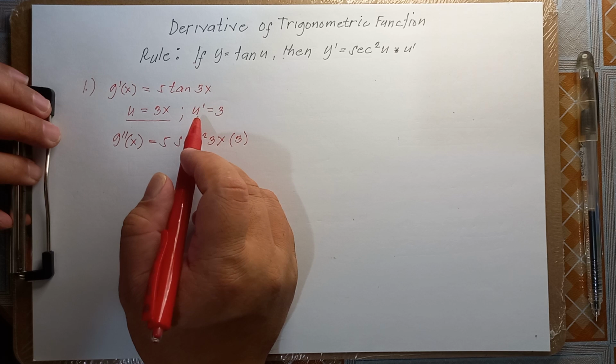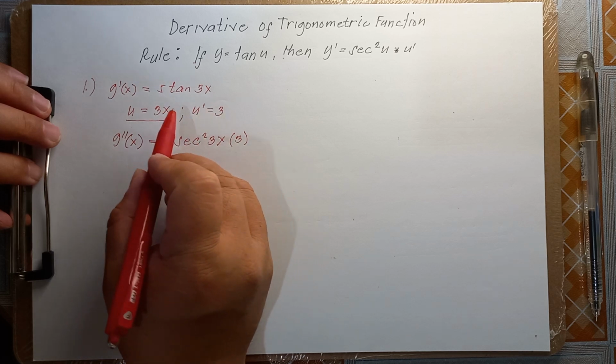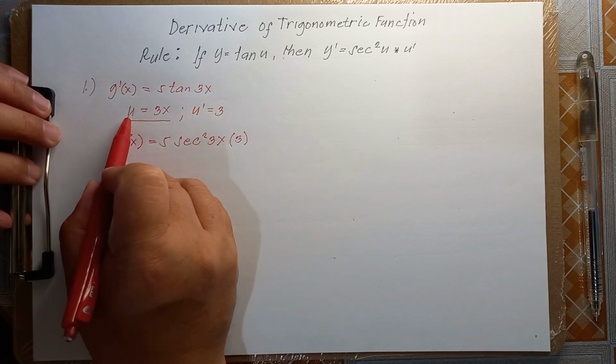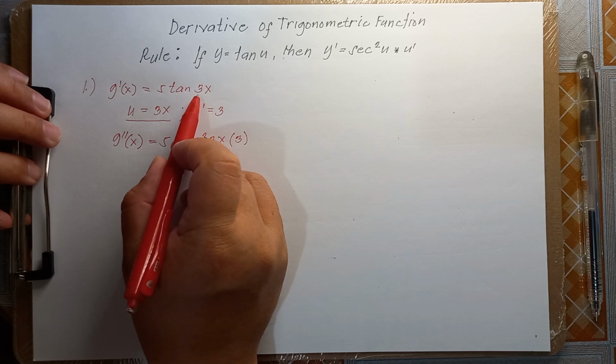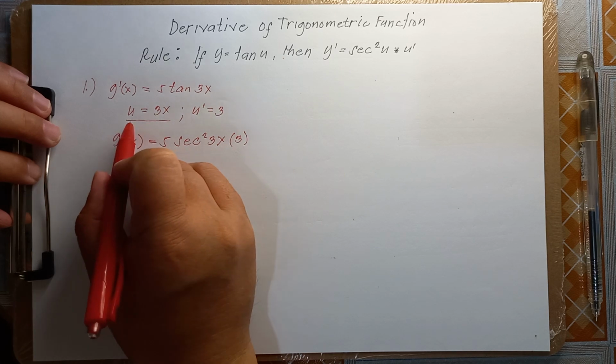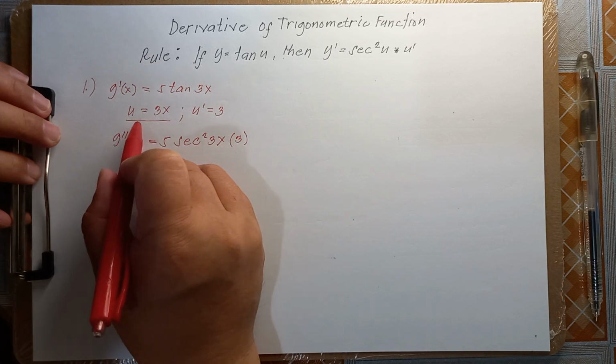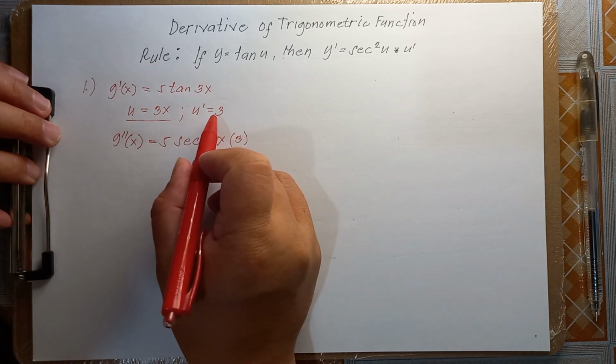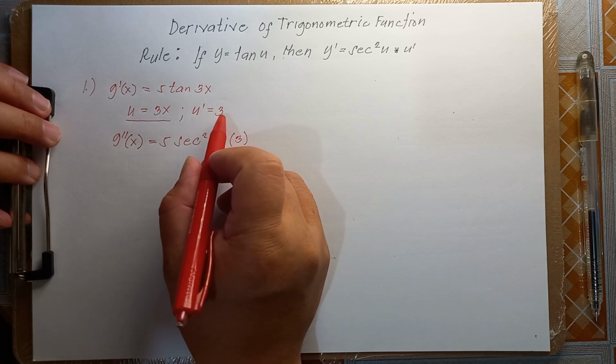Again, to look for its derivative, we have to identify the u. Our u here is the same as 3x, the coefficient of tangent. After identifying the u, get its derivative. So we have u prime is 3.